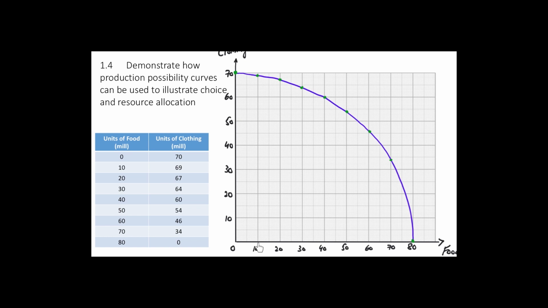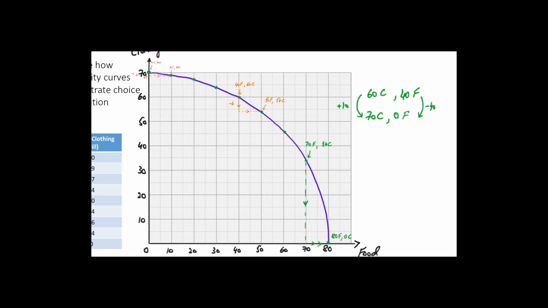What is my opportunity cost of increasing production from 0 food to 10 food? You are producing a combination of this. What is this combination telling us? That you are producing 30 clothing and 30 food.